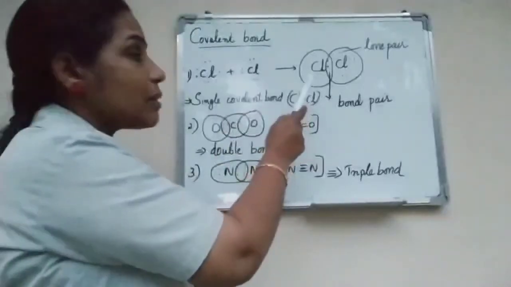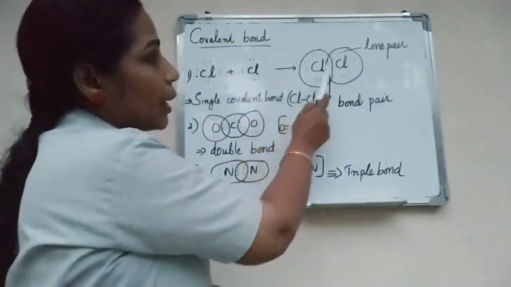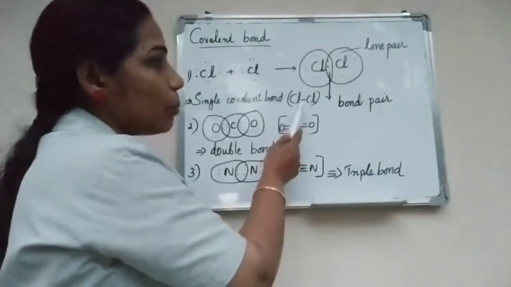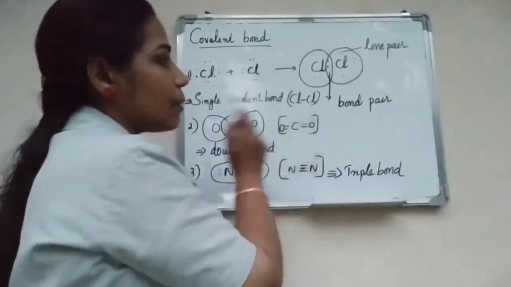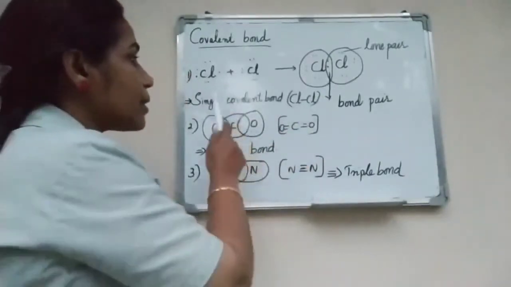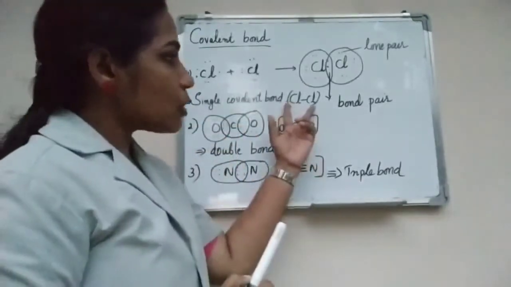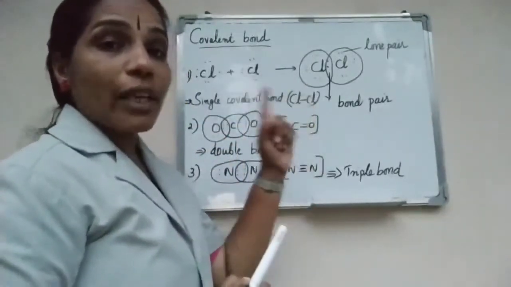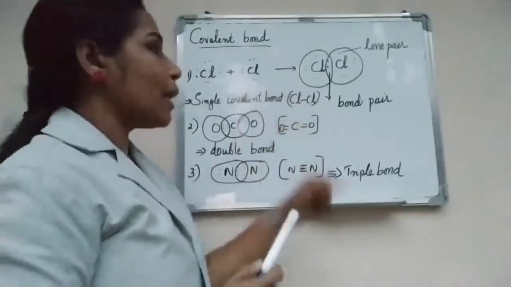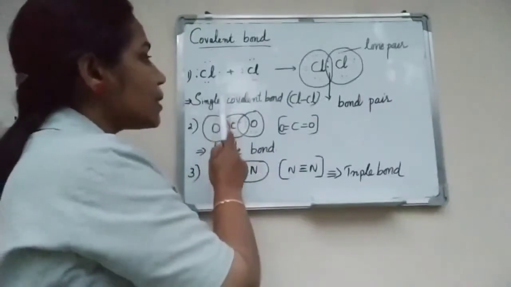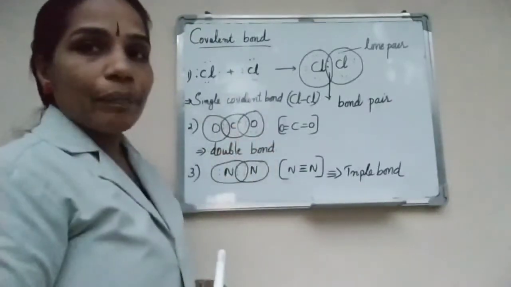If two atoms share a pair of electrons, only a pair of electrons, then the covalent bond between those atoms is called a single covalent bond.